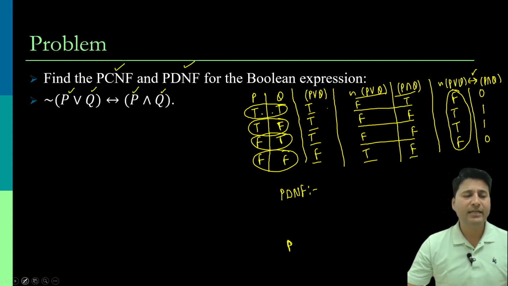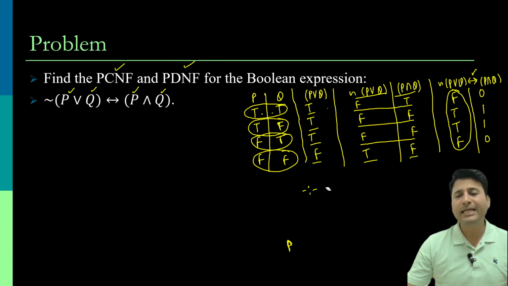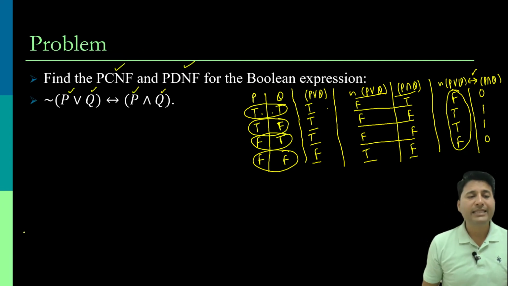Once the truth table is done, we can easily write PCNF and PDNF for the given Boolean expression. First, I am going to write the principal DNF, principal disjunctive normal form.